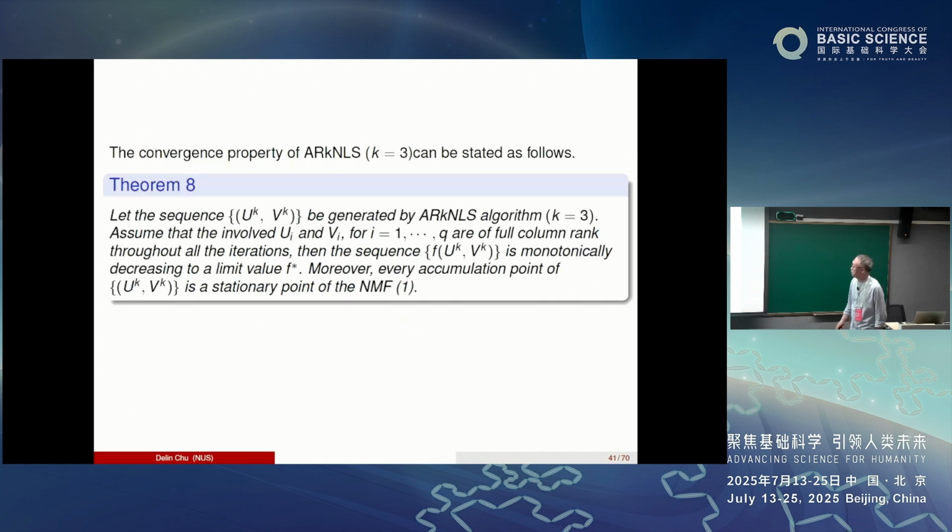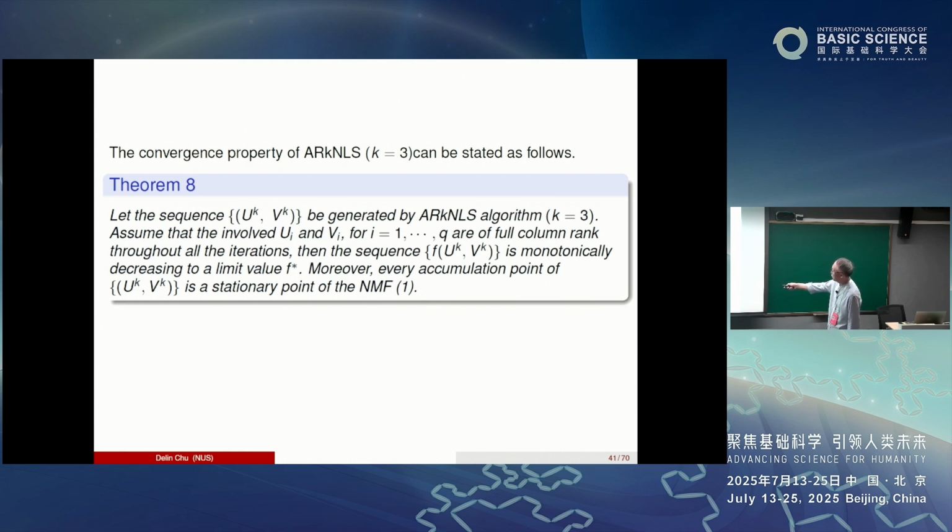On the convergence, similarly, we have similar convergence results. For example, for the weak convergence: suppose the sequence (U_k, V_k) is generated by ARK-NNLS with k equal to 3. Now we assume the involved Ui and Vi are of full column rank throughout all iterations. Then the sequence F(U_k, V_k) is decreasing, also converging to a limit value F star.